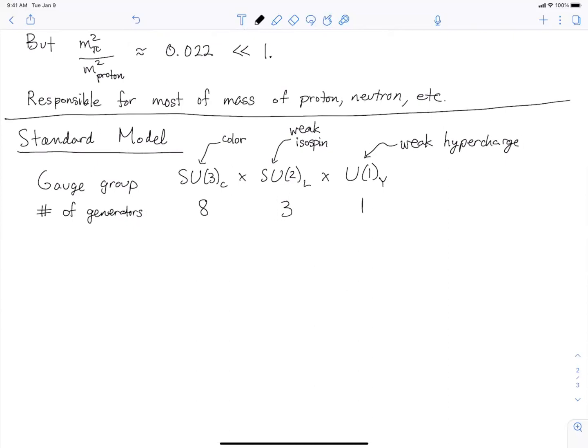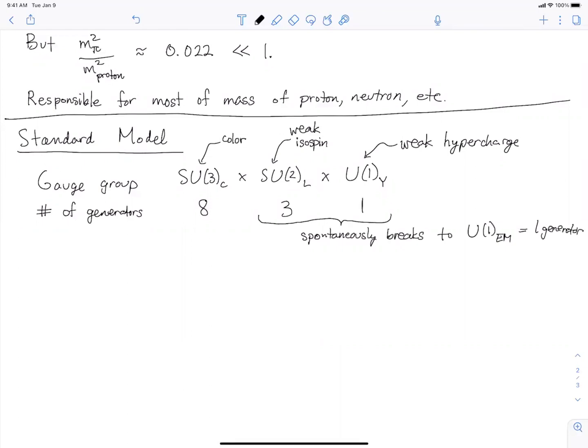Now, what's going to happen, and we'll talk on Friday about exactly how it happens, but in today's lecture I'm just going to say it does happen, is that this spontaneously breaks, as we've discussed. The SU(2) cross U(1) spontaneously breaks to a different U(1), which is electromagnetism, which has 1 generator.